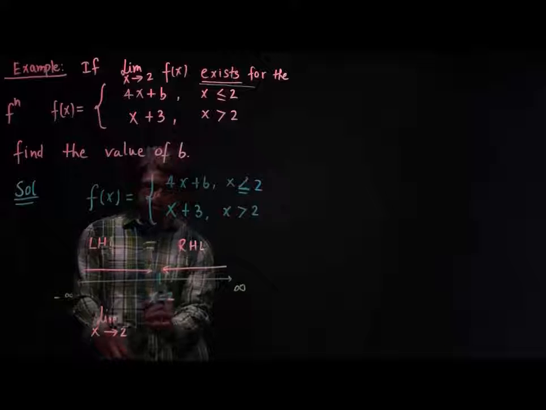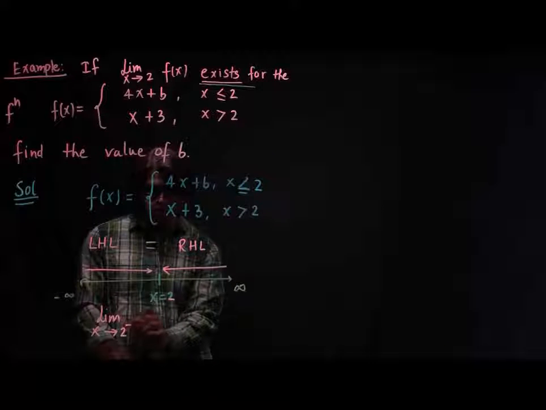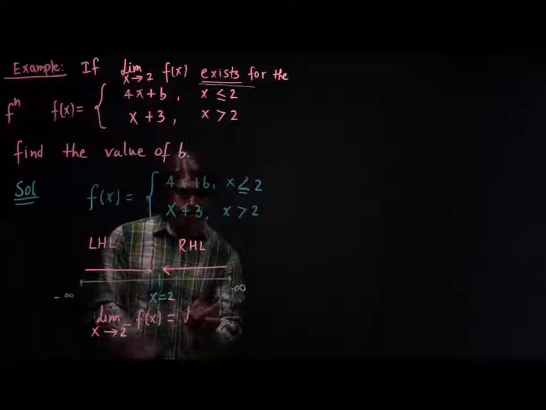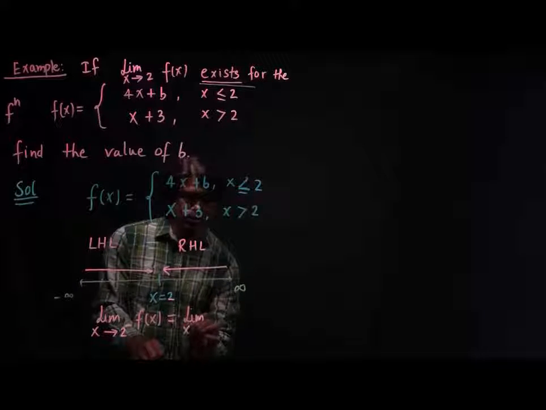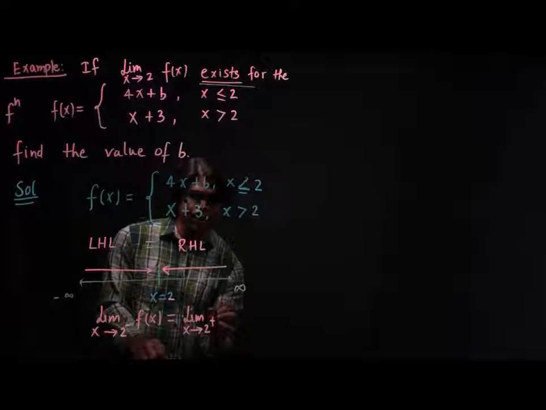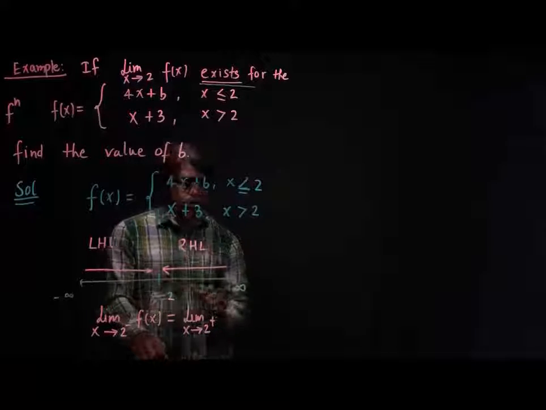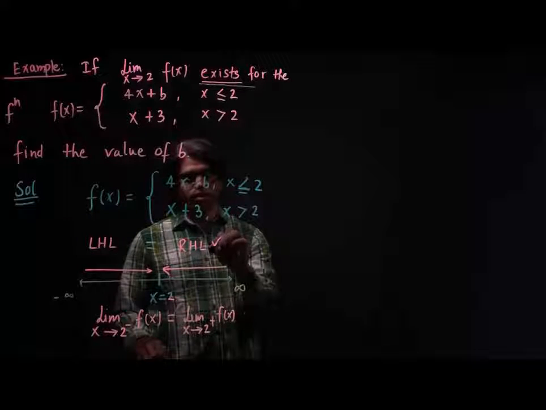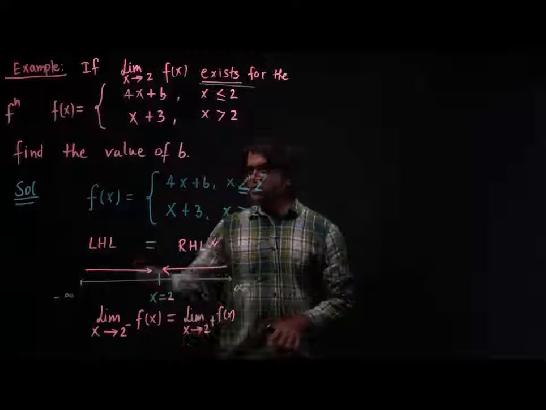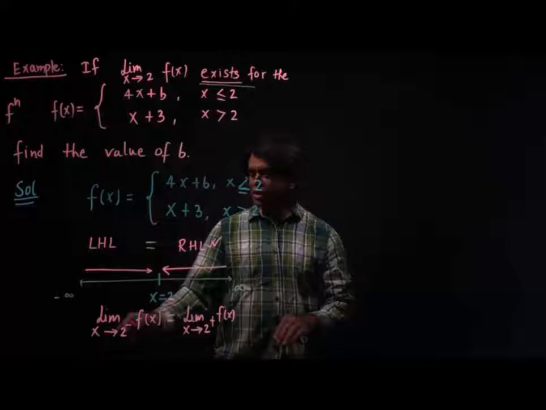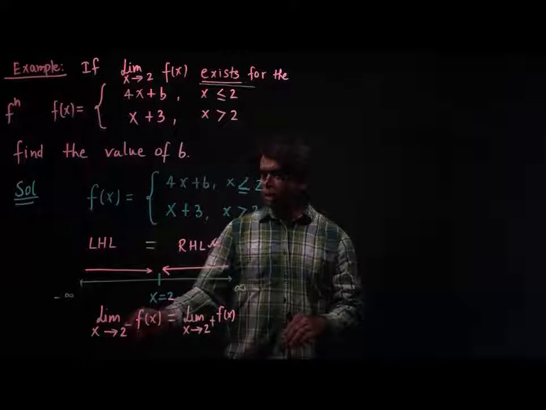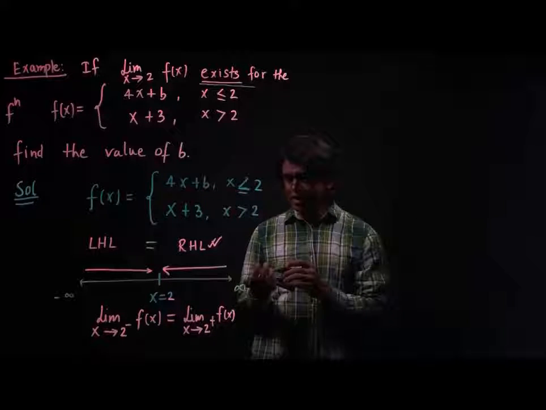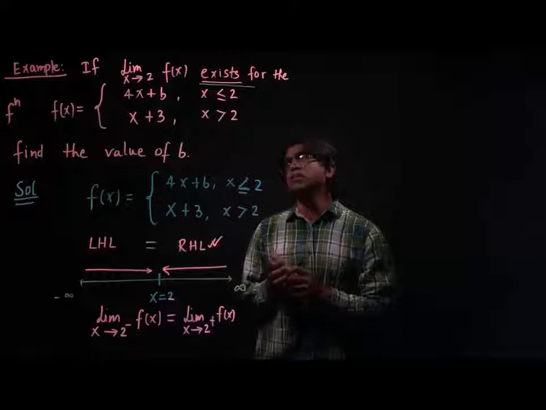So limit x tends to 2 minus f(x) is equal to limit x tends to 2 plus f(x), because there the value is always greater than 2. If the limit exists, the left hand limit is equal to the right hand limit, and only then will the limit exist.